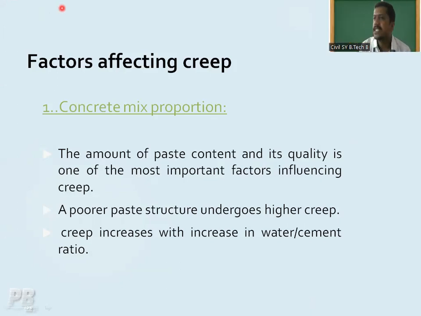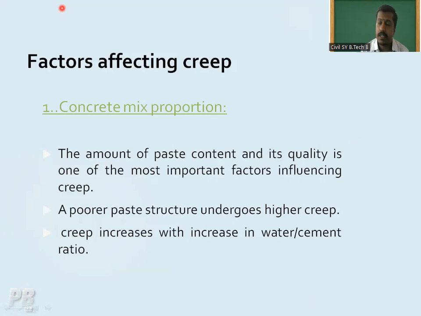So the point that we are discussing is the concrete mix proportion. The proportion of cement to sand to coarse aggregate plays a vital role in the formation of the creep which is going to happen.